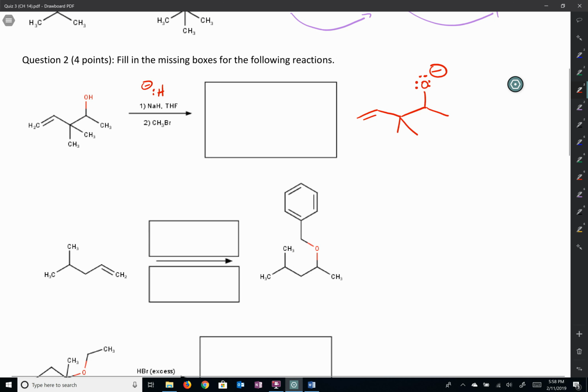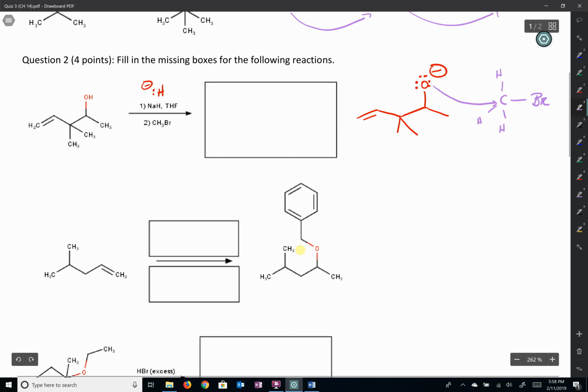So in our first step, we deprotonate our alcohol. In our second step, we bring in methyl bromide. So we'll draw out methyl bromide here. Methyl bromide, the least sterically hindered leaving group that we can make, a methyl group. And so we've got a really strong base and a strong nucleophile. We've got our deprotonated oxygen, and we've got a good leaving group.